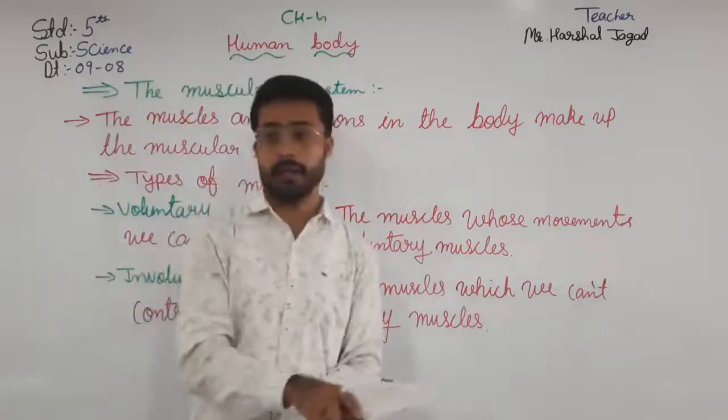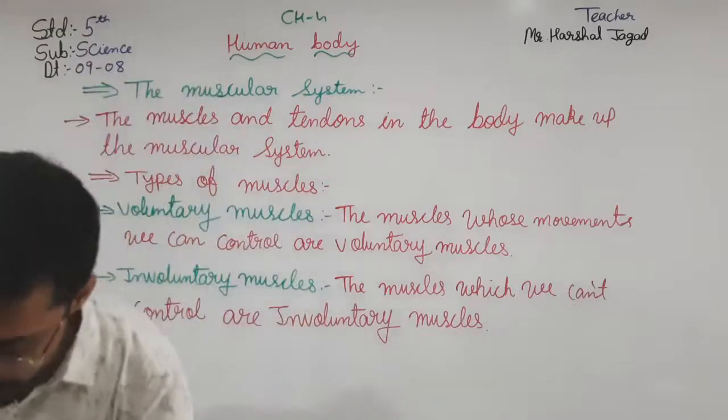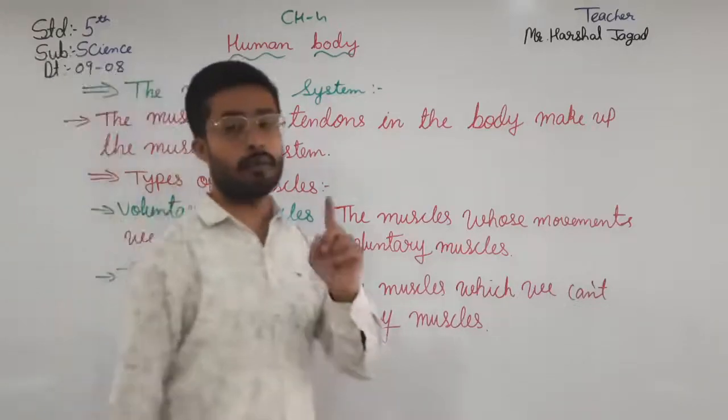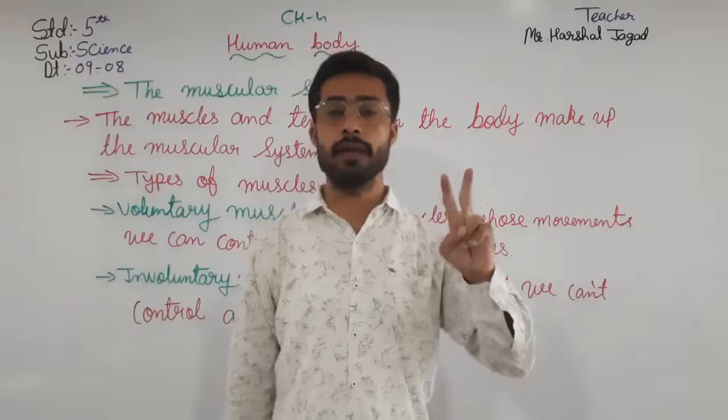Here they have categorized muscles into two types, that is voluntary muscles and involuntary muscles.